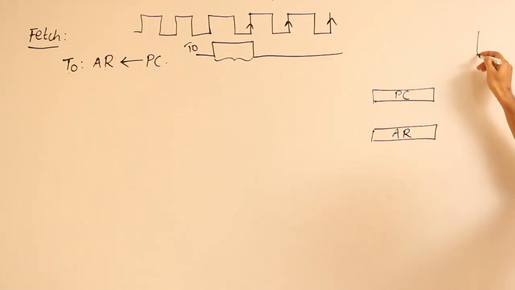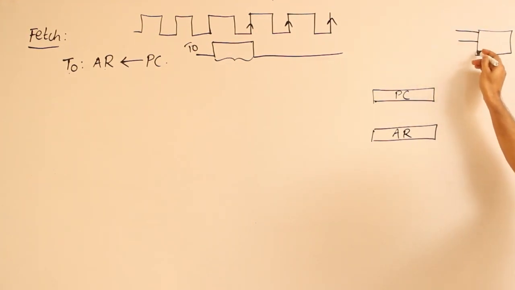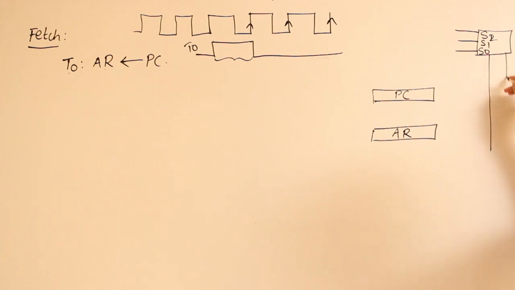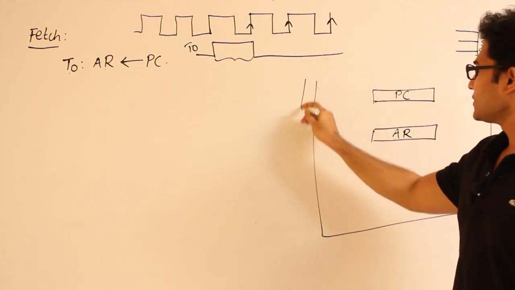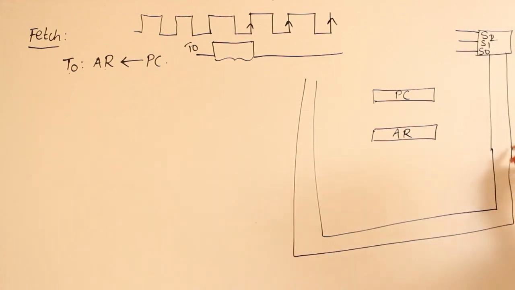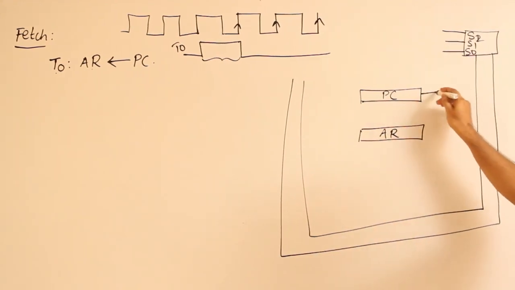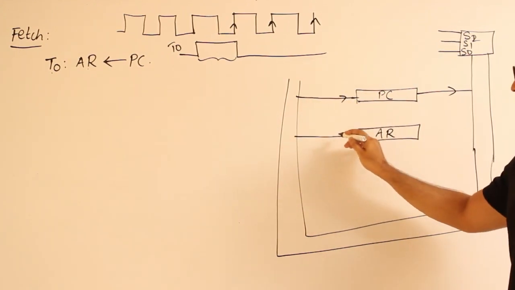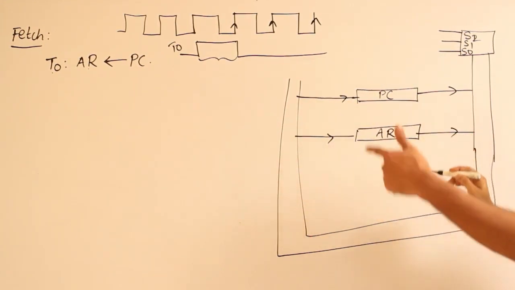The other one is the bus. The bus has three select signals, S2, S1 and S0, and to the bus all these are connected. We have already seen that.